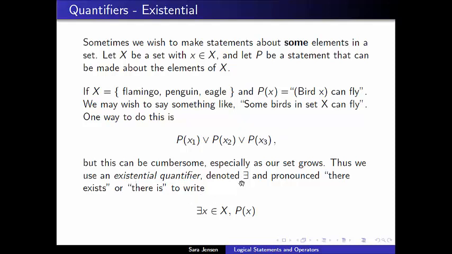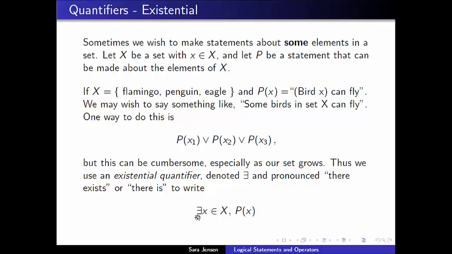This symbol uses an E, this time a backwards E because an upside down E would look like a normal E, but we use a backwards E to denote our existential quantifier, and we read it out loud as "there exists" or "there is." So an equivalent translation to what's written here that's much more concise and that flows off the tongue a little bit better to describe the property we want about our set X is written down here.